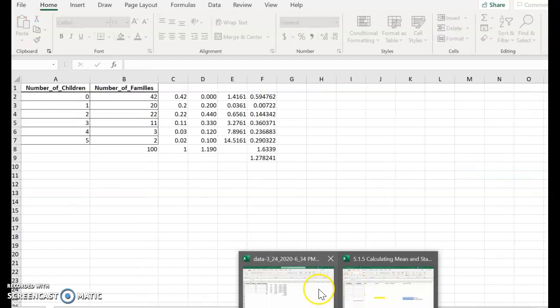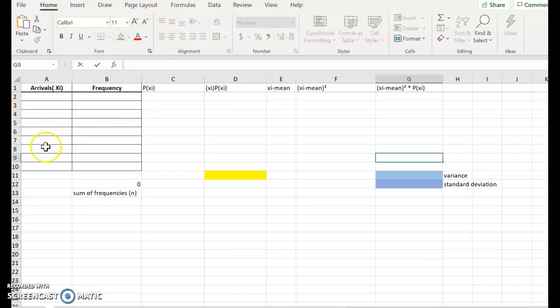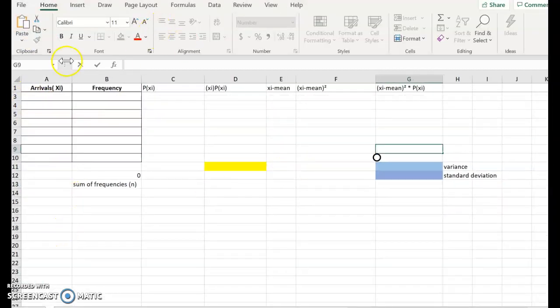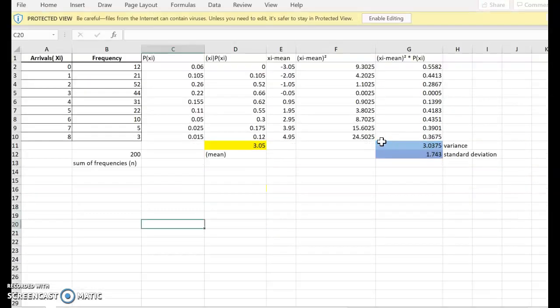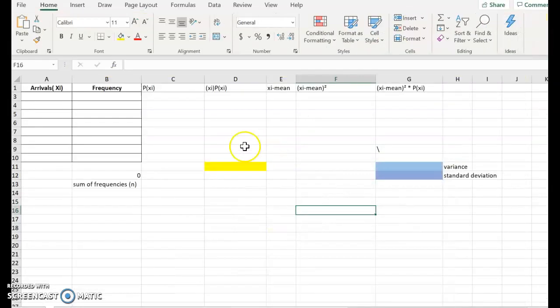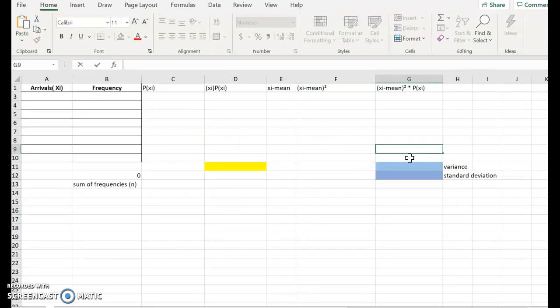But what I've done is I have gone through and deleted what was in there, so we can enter in our information.